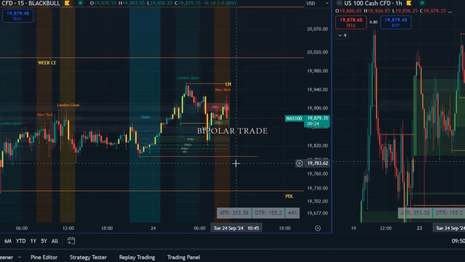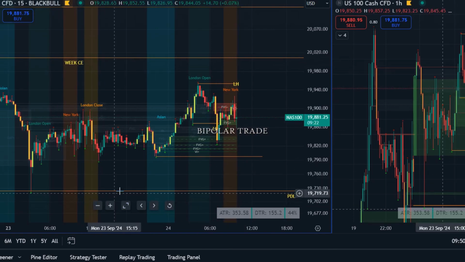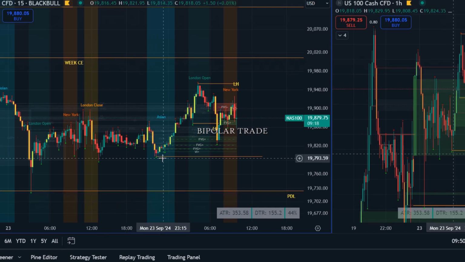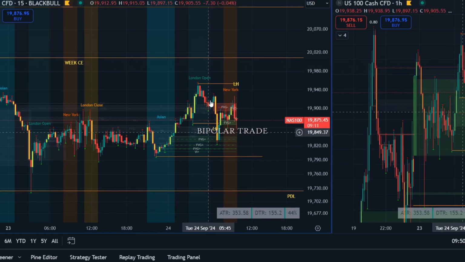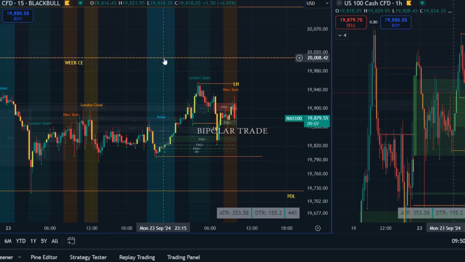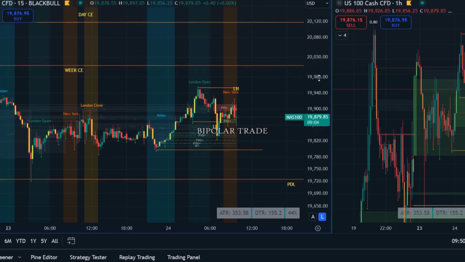So what we have now for the draw on liquidity is this previous day low, this Asia low for a bearish trend. If we're going to be bullish, it is going to be up here, the weekly CE and the daily CE.